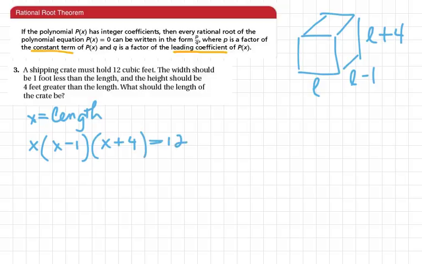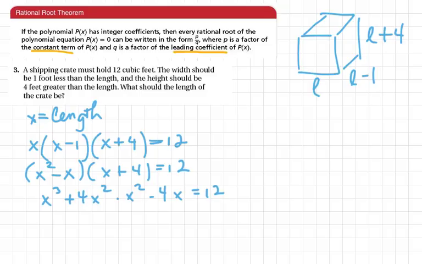Multiplying together, we get x squared minus x times x plus 4 equals 12, and x cubed plus 4x squared minus x squared minus 4x equals 12, or x cubed plus 3x squared minus 4x minus 12 equals 0.